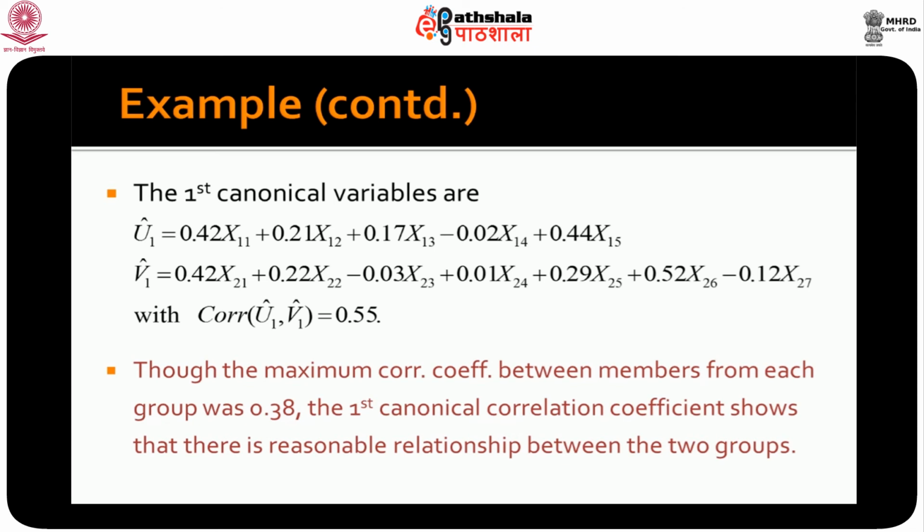So, the first 5 are from the first set and the last 7 are from the second set. And the sample canonical correlation comes out to be 0.55. So, we can say that one group has a reasonably good influence on the other, or they are reasonably related to each other.